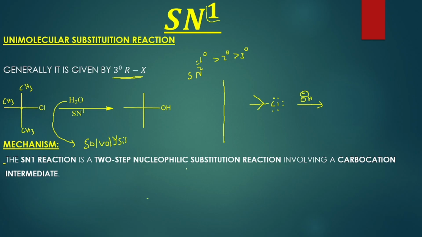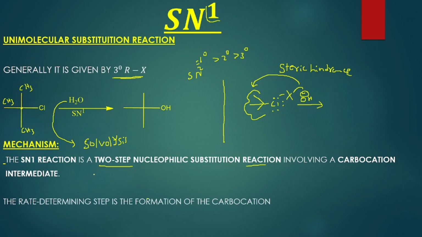In the SN2 reaction, backside attack is possible, whereas in the SN1 reaction, because of tertiary alkyl halide, front side attack is also not possible, and backside attack is also not possible. Tell me the reason. The reason is steric hindrance. Due to steric hindrance, backside attack is also not possible. That is the reason the SN1 reaction is carried out in two steps involving a carbocation intermediate.